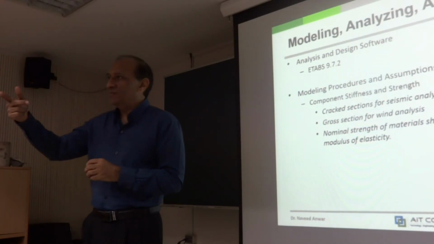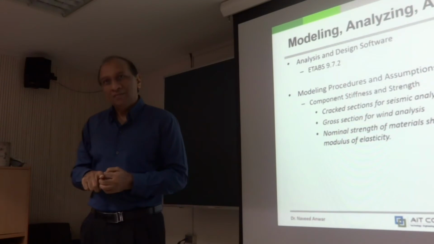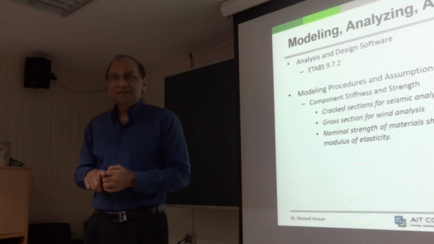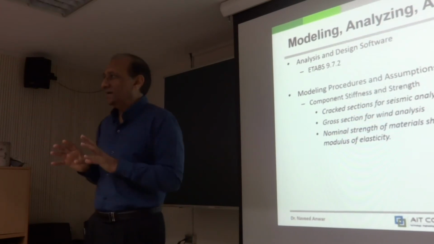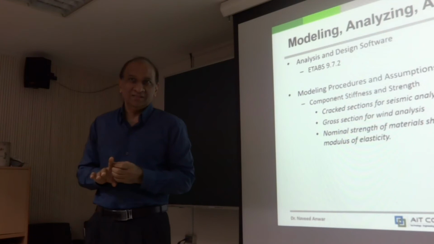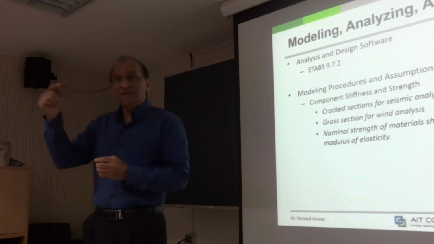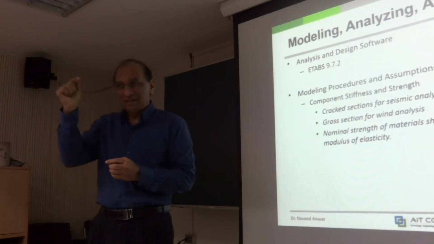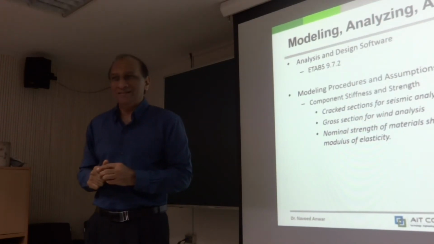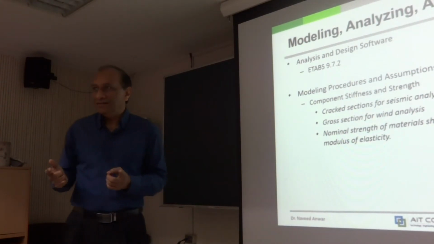If one situation will give me unsafe moments in the columns, another one will give me unsafe moments in the beams. So that means the real cracking and assumed cracking will give me very different results for the analysis, which may be safe or unsafe depending upon which cracking factor in the code happens to be correct, which is neither, right?